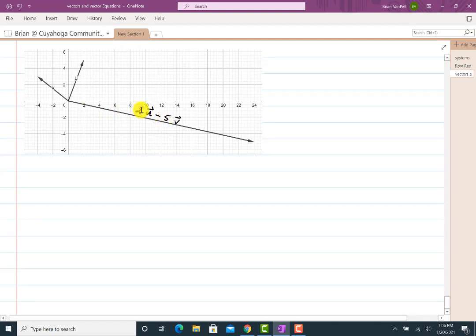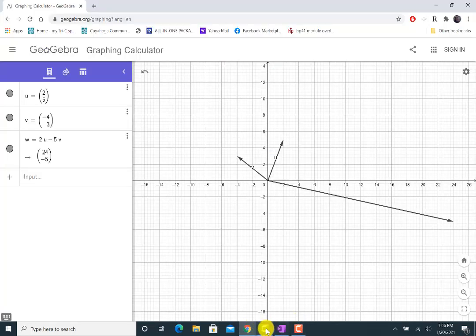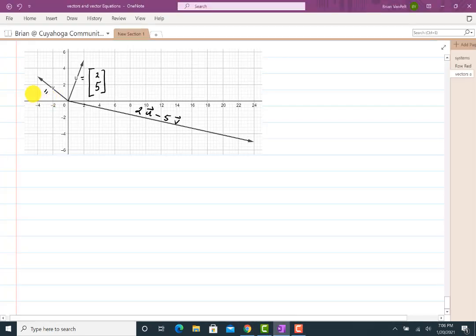So what you do is take 2 times each component in U, and let me put this down so you can do it later. I think U was 2, 5. And V was equal to negative 4, 3. And then this was the linear combination of it, so it's also a vector itself.